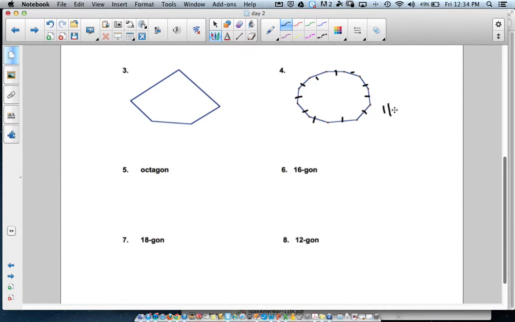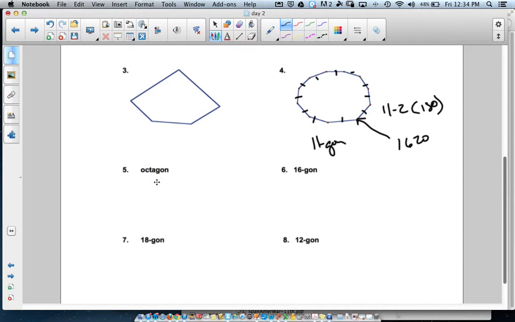So this is 11 minus 2 times 180. This becomes 9 times 180, which is 1620. So the sum of the interior angles of an 11-gon is 1620.